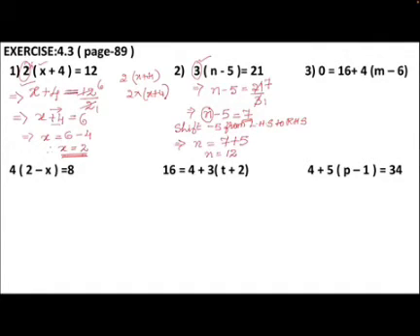Now look at this equation, children. 0 = 16 + 4 into (m - 6). So what we can do is, you can simply solve it as it is and shift all the elements to LHS, or reverse this equation and write it as 16 + 4 into (m - 6) = 0.